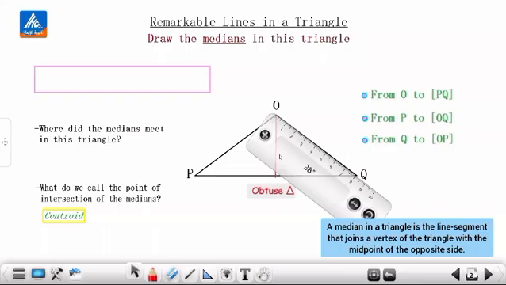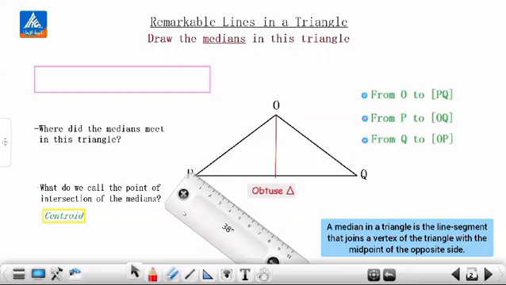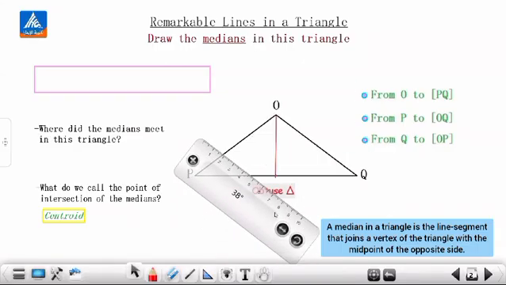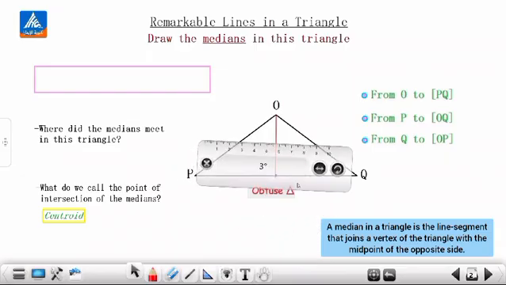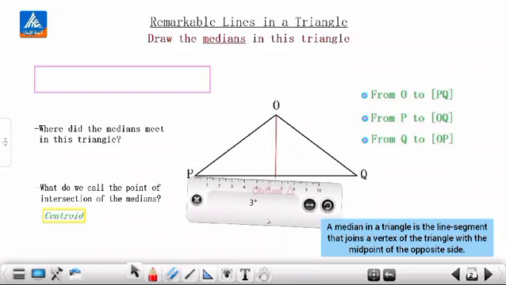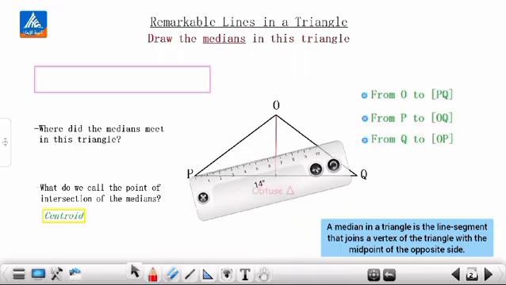Now, with the centimeter ruler, join the vertex P and the midpoint. I will get the second median.